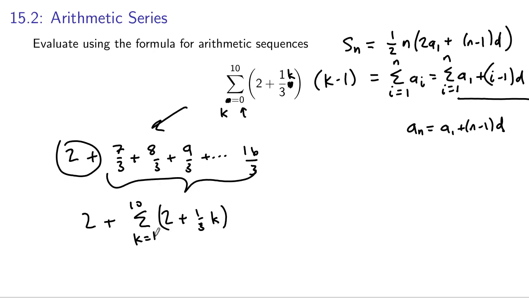And now we have our indexing right. Okay, so I just messed up here. So it's not 2 plus here, it's 7/3. Right, because we now are starting at 7/3. But our d is the same. We didn't change the d.